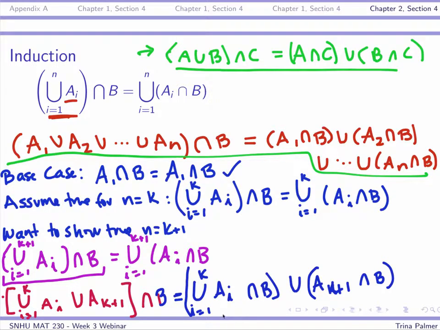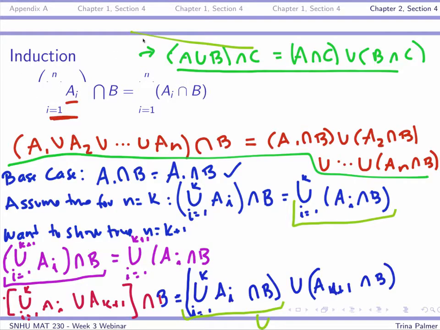Now I am going to run out of room. So now I can use my induction hypothesis and replace this piece, because I know that the union from 1 to k of AI intersect B is equal to this by my induction hypothesis. I'm going to erase this top green one so I can write the final step up top.